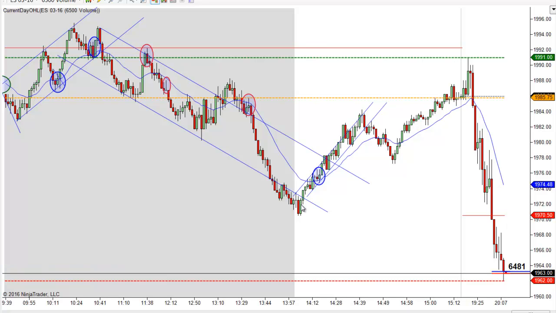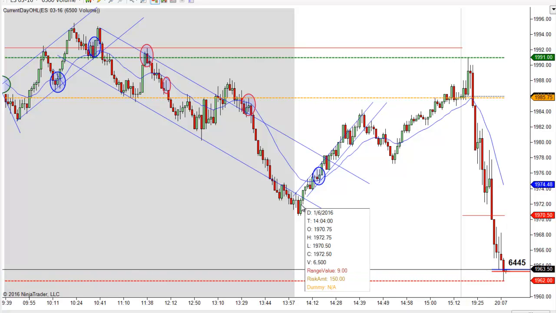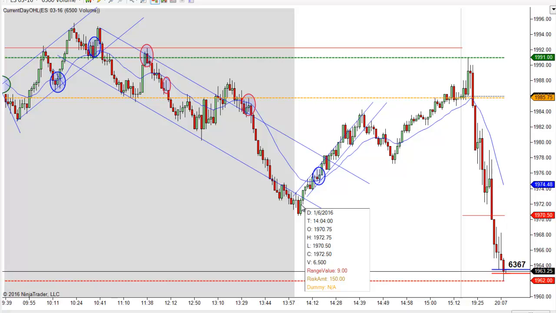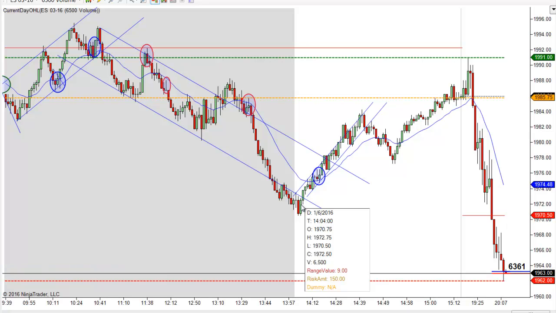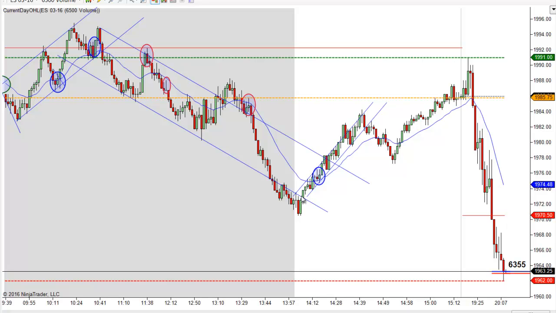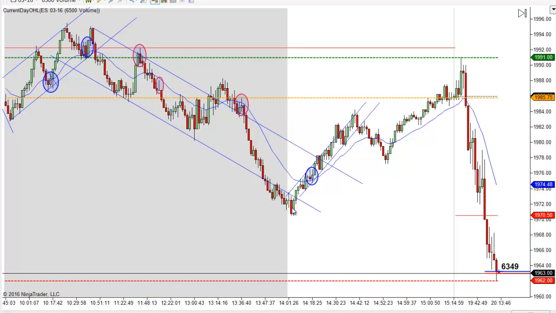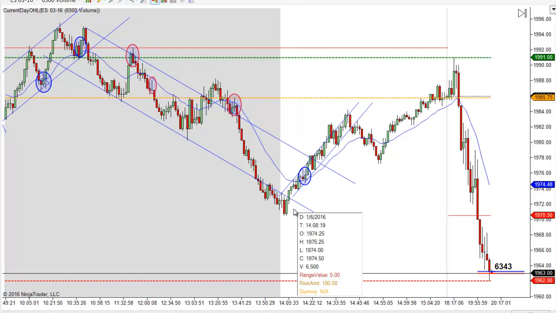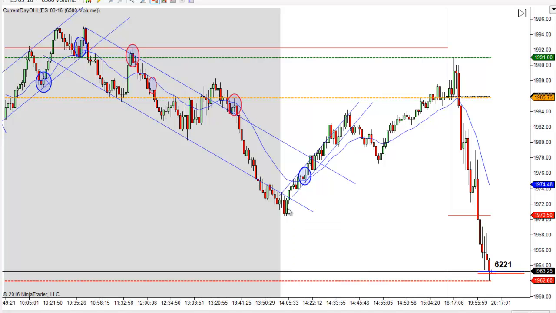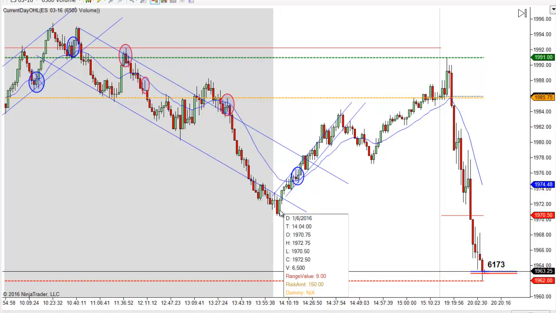I'm not sure, I hadn't done the math, if that includes the extra tick that your stop goes 1 tick below. The range value of the bar is actually 5 ticks, or 9 ticks, I'm sorry.